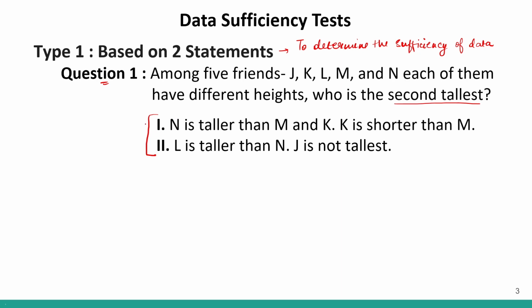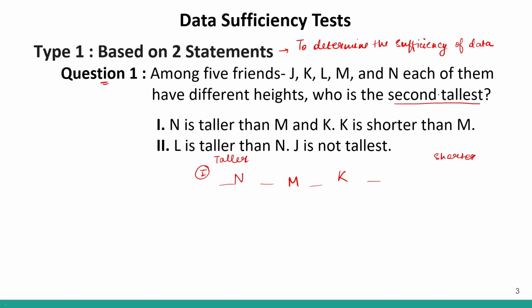So let us look at statement 1. According to statement 1, N is taller than M. I am taking this side to be the taller side and this side to be the shorter side. N is taller than M and K is shorter than M, so I get N, M and K. There are 5 friends in totality, so we don't know the positions of the other two; they can come anywhere.